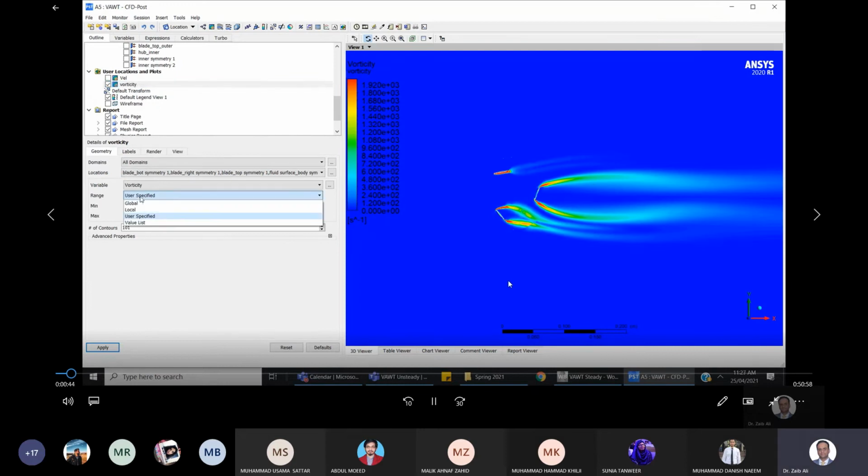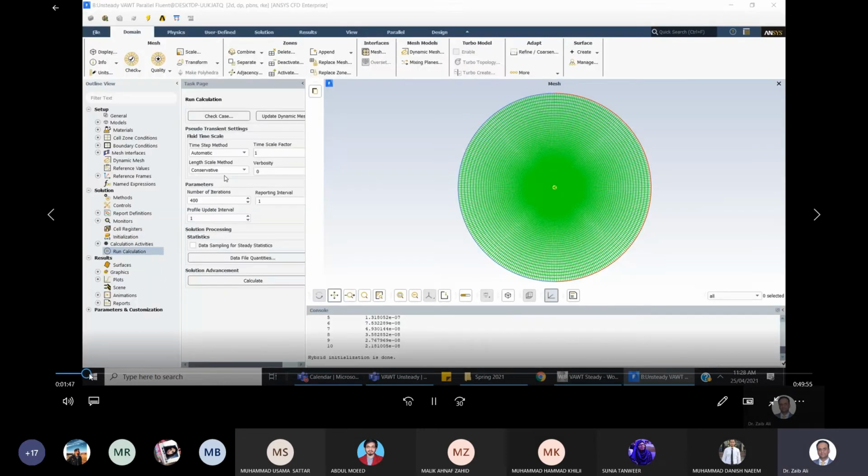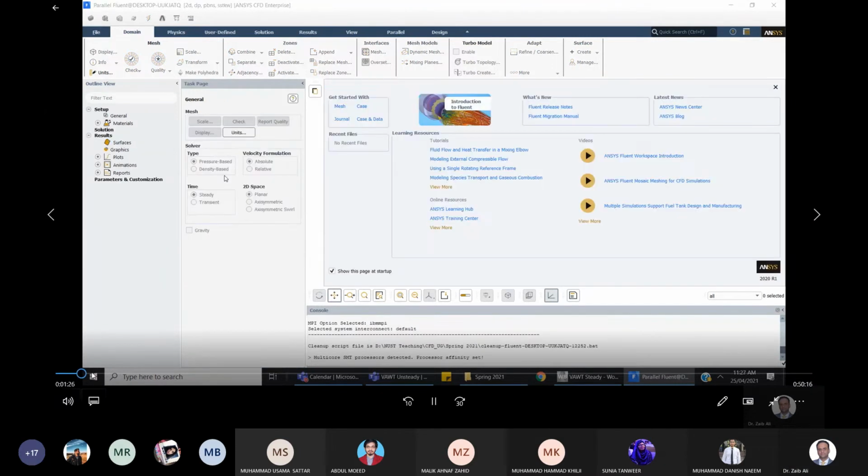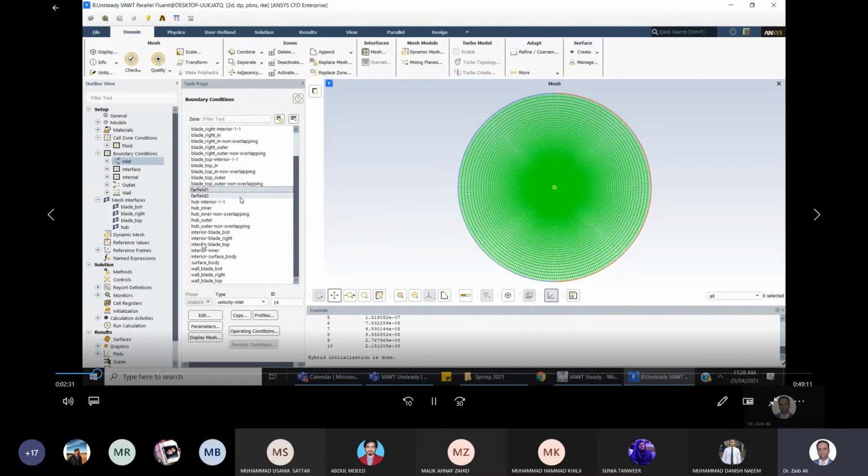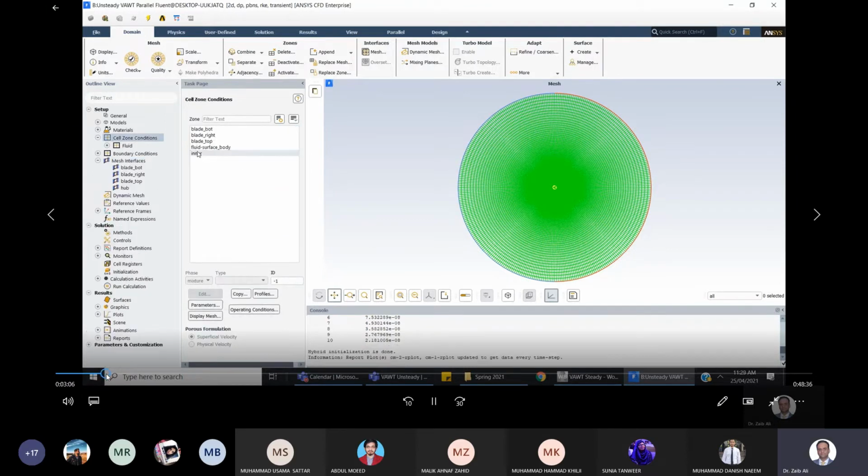You can observe those or follow that. So okay, moving towards unsteady. Once you load, you can load it from the already solved steady problem. Just need to double check that everything is right, all the conditions which we prescribed. So it is double checking only.